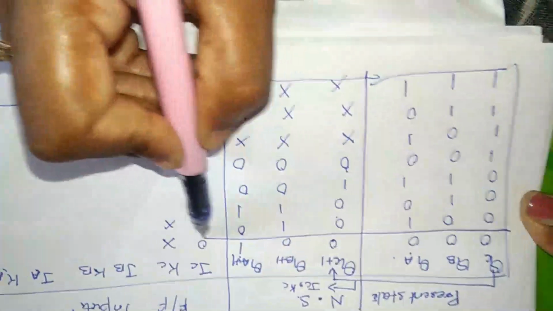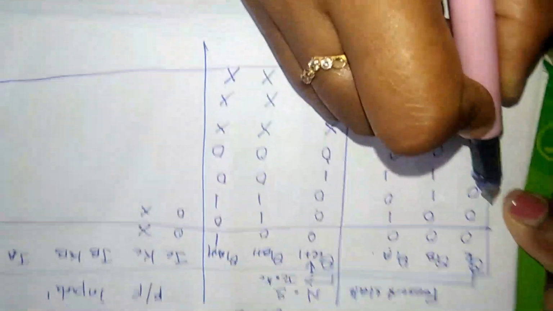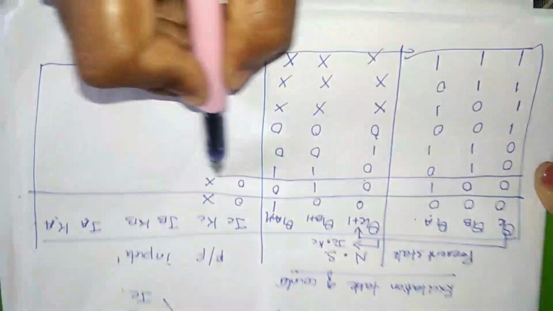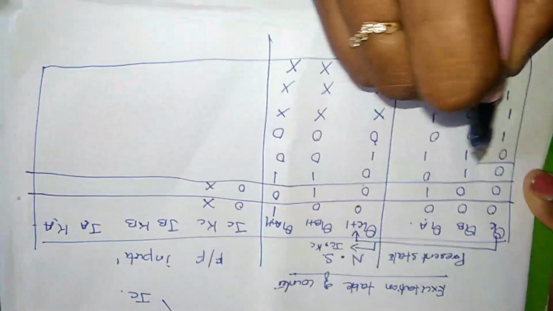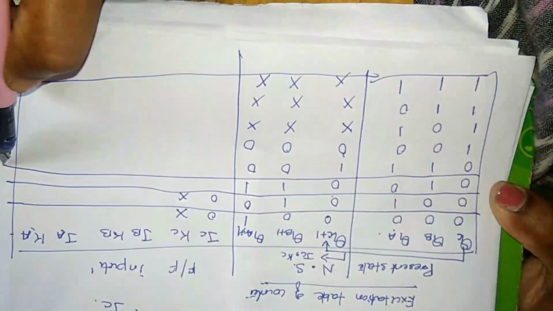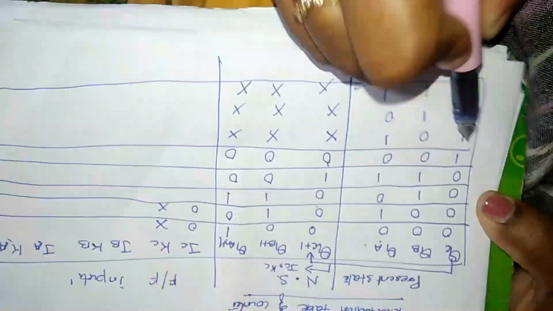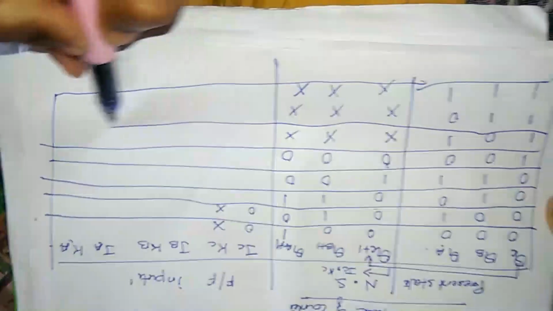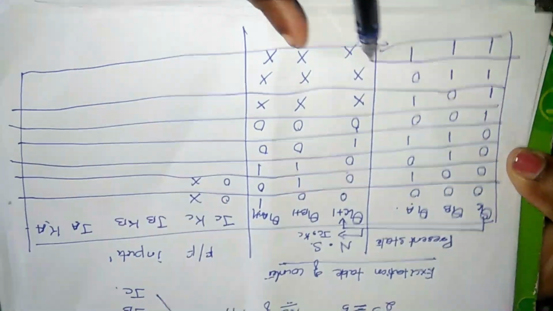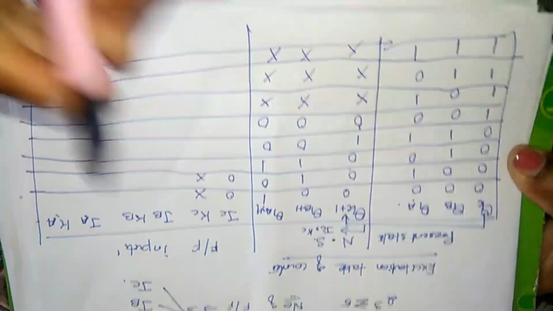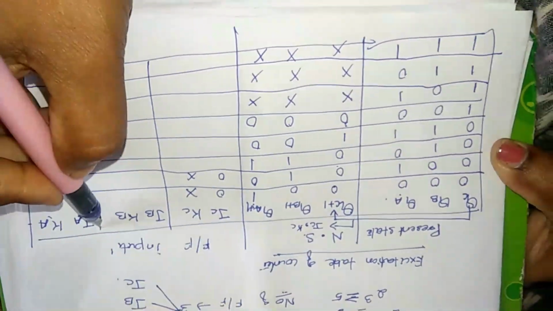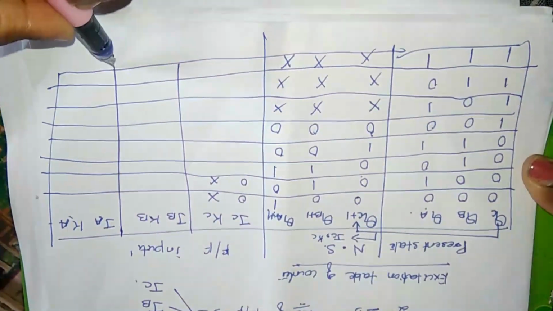You can bifurcate your rows like this, otherwise you will have confusion because everything is dealing with zeros and ones. So let me bifurcate this page for you all. So let us quickly fill up this excitation table of the counter, which is very important, using the excitation table of the JK flip-flop.